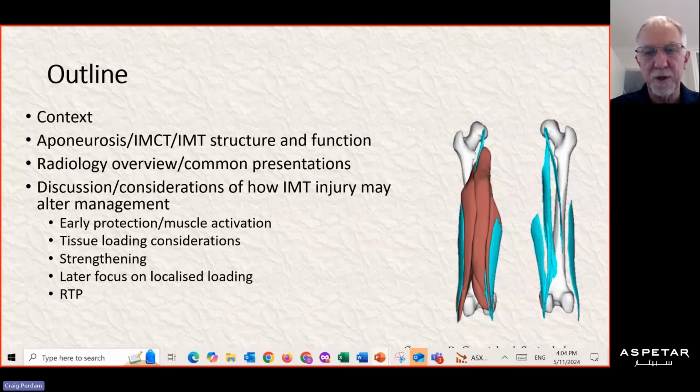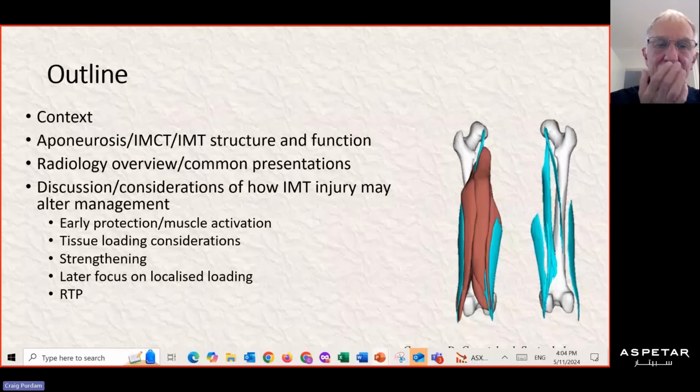I'll probably flip a little between the three, but I'll try and keep to one, which may well be the intramuscular tendon, more for simplicity, but please appreciate that these aponeurotic structures are not always or exclusively intramuscular.